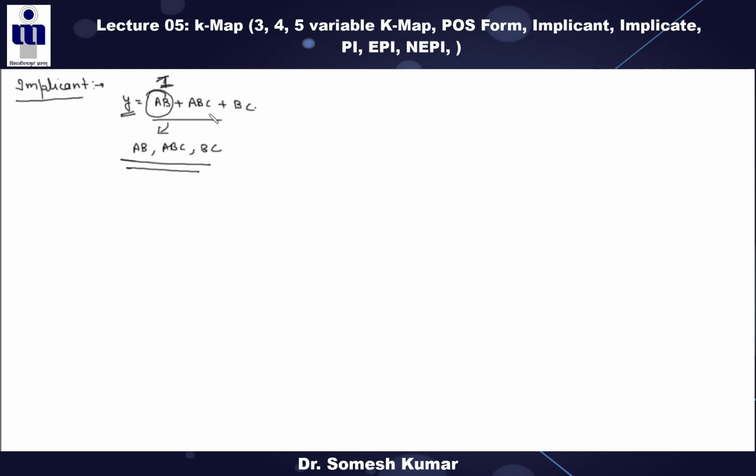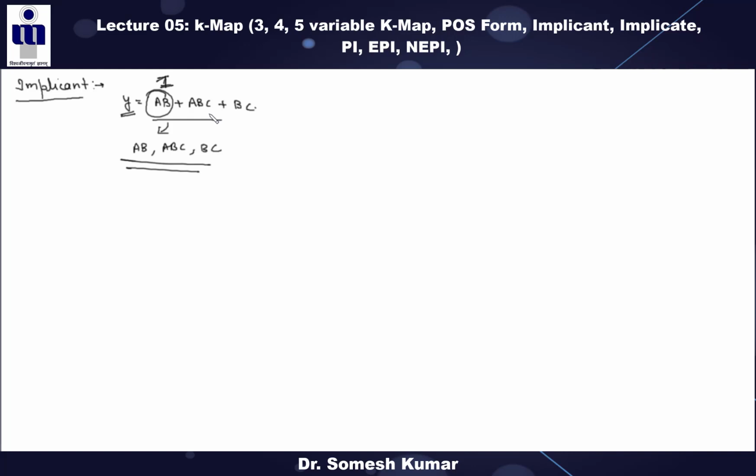Now maybe some questions are arising in your mind: if these are implicants, then what do you mean by minterms? Can anyone tell me? If these are implicants, then why don't we call these minterms?